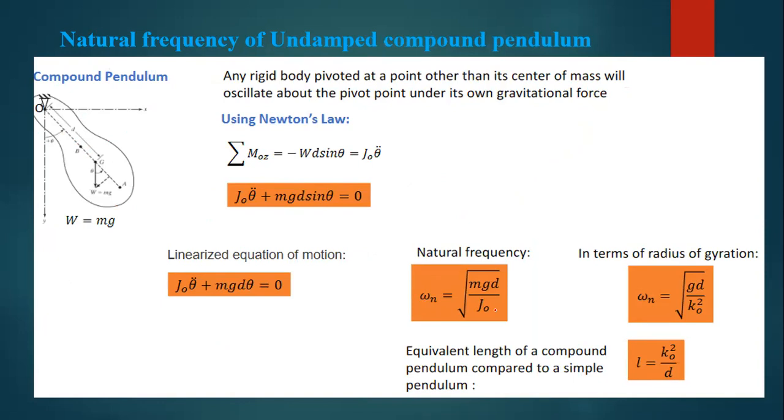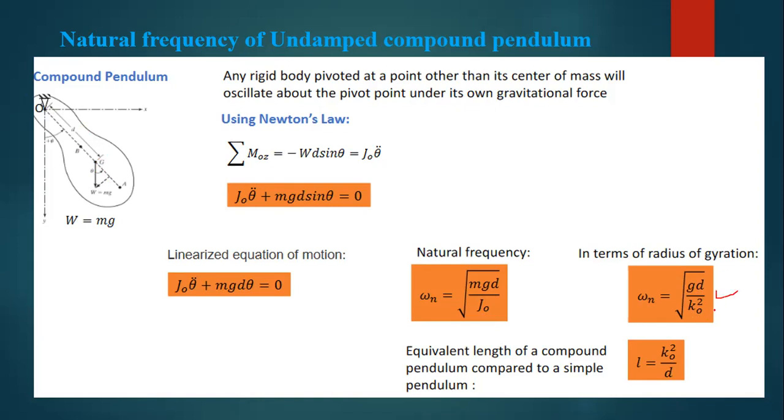D is the distance between the pivoting point and the center of gravity.